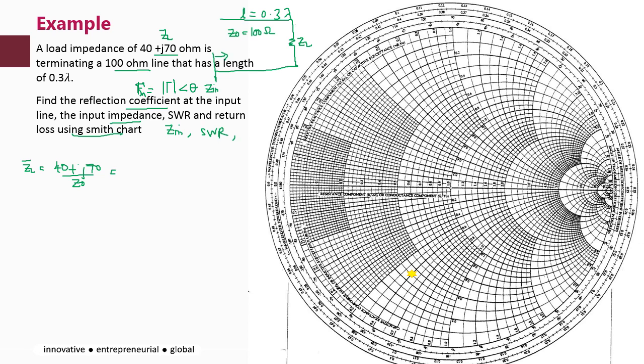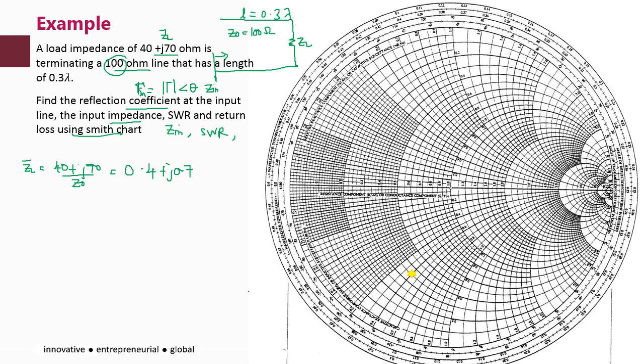Z0 in this case is 100 ohm, so please be careful, Z0 equals 100 ohm. So you get the normalized impedance 0.4 plus j0.7. Now plot the ZL on the Smith chart.